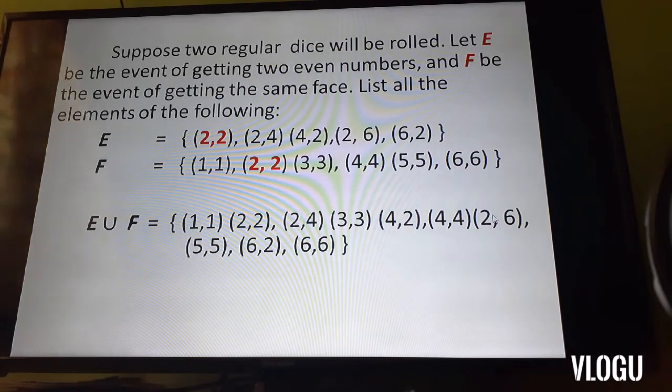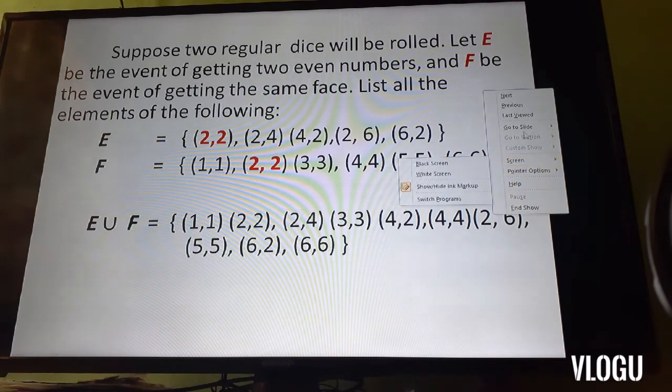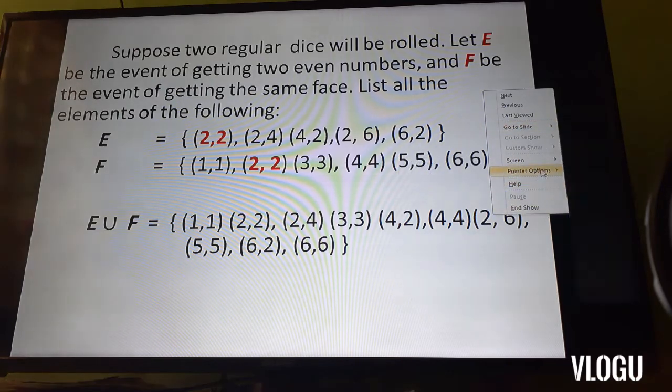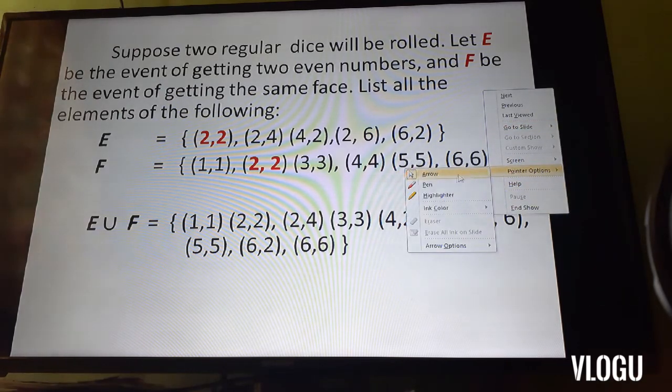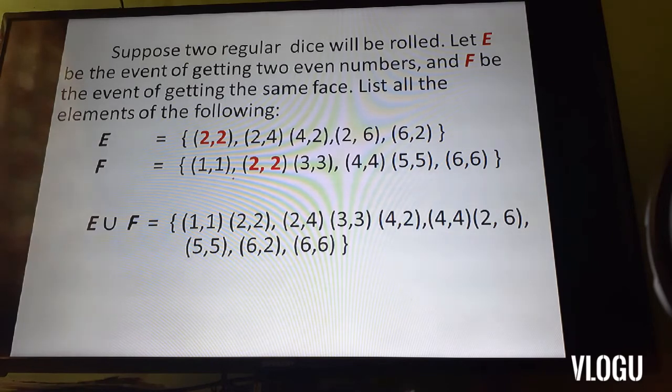Now, to find the union of these two events, event E and F, we simply combine event E, which is 2 and 2 until 6 and 2, and event F, which is the same face, equivalent to 1 and 1 until 6 and 6.